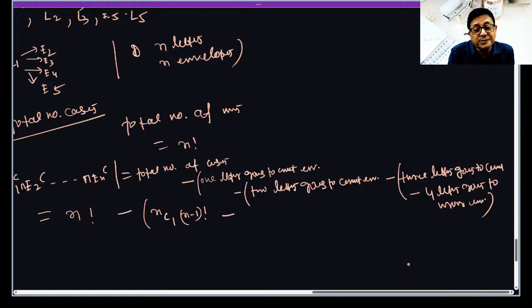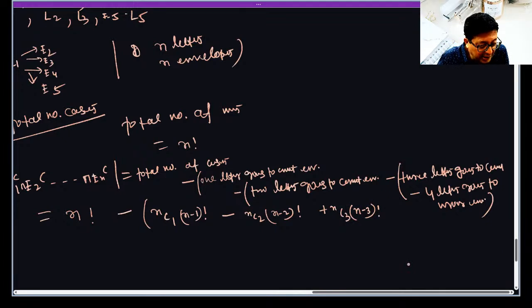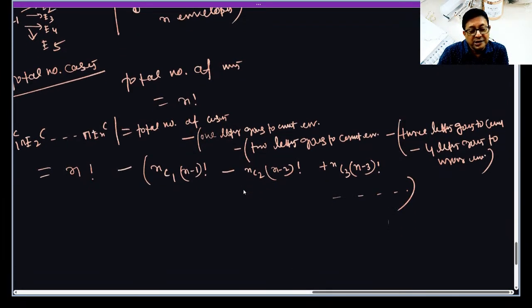From there we will subtract this case. Two letters, in n minus 2 factorial. Hope you understand. But this excludes the case where 3 go to the correct one, nC3 factorial n minus 3. This way it continues. Let us simplify it.